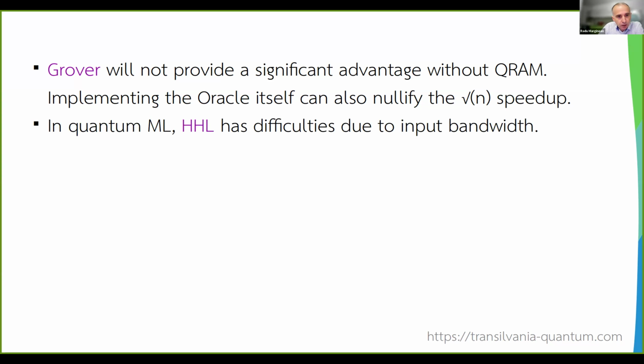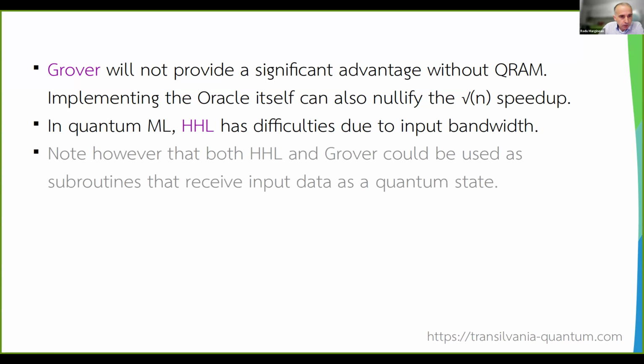This is another issue in quantum machine learning: HHL is an algorithm which has in theory an exponential speedup, but has similar issues due to the input bandwidth. Now, I'm not saying these are not useful. Both HHL and Grover could be used as subroutines that receive input data as a quantum state, and then you can take advantage of the speedups that they provide.